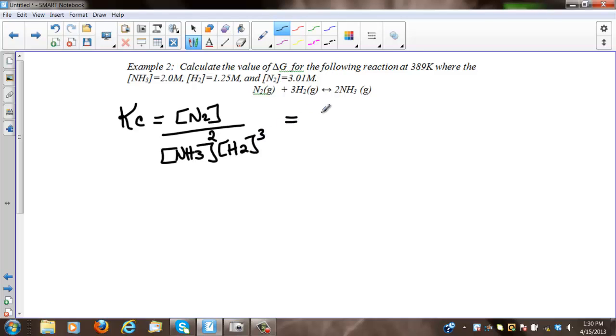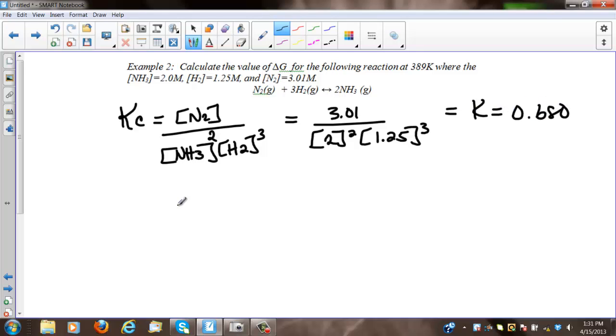So we can just plug in our concentrations. N2 is 3.01 divided by NH3, which is 2 squared, times the concentration of H2, which is 1.25, and we have to cube that. So we get a K value equal to 0.680.